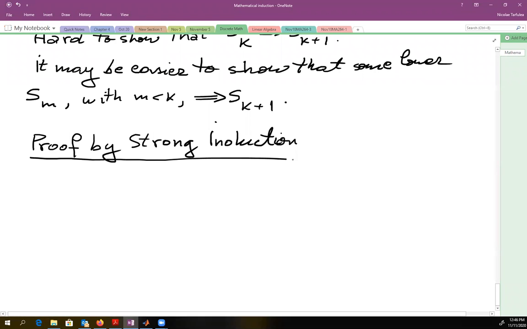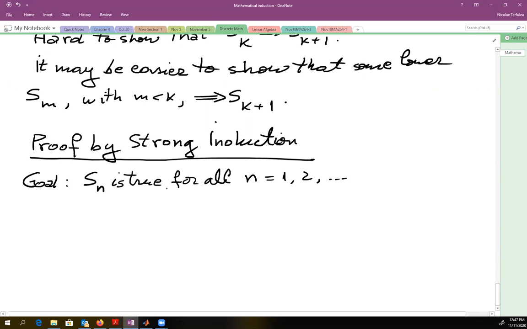So the goal is to prove that a certain statement, let's denote it by Cn, is true for all n greater than or equal to one.